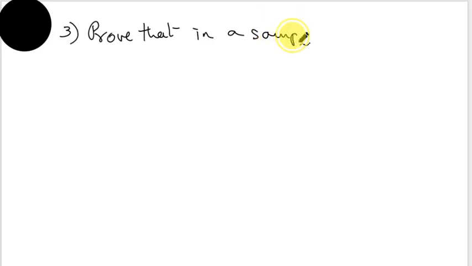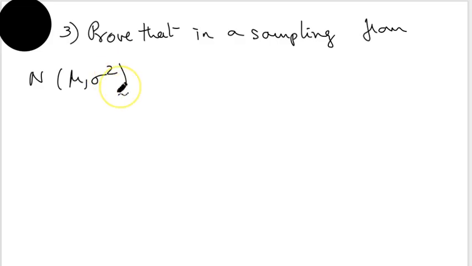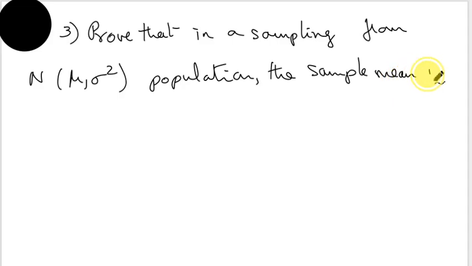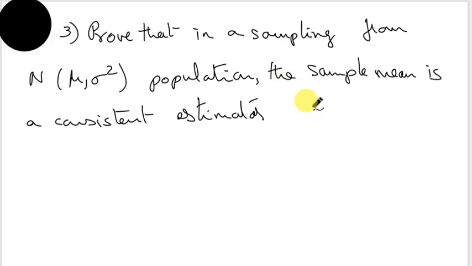Okay, so problem number 3: prove that in sampling from N of mu comma sigma squared, that is, from a population which is normally distributed with mean mu and variance sigma squared, the sample mean is a consistent estimator of mu.